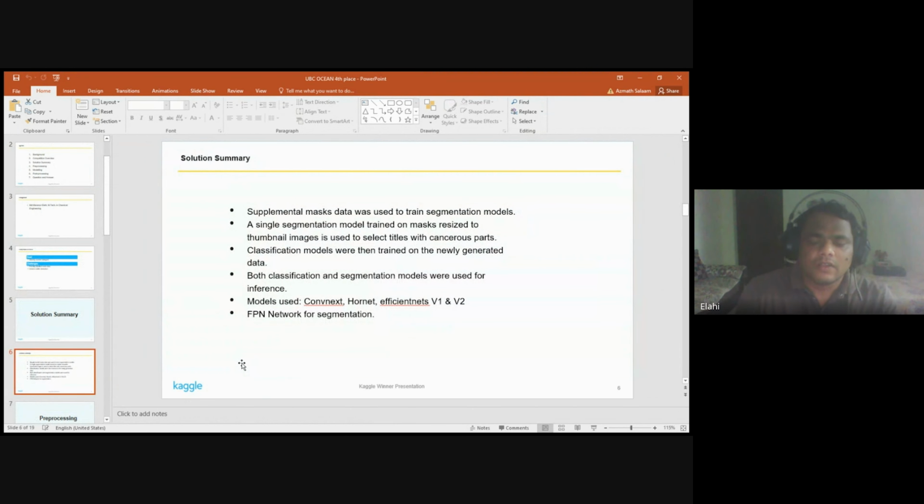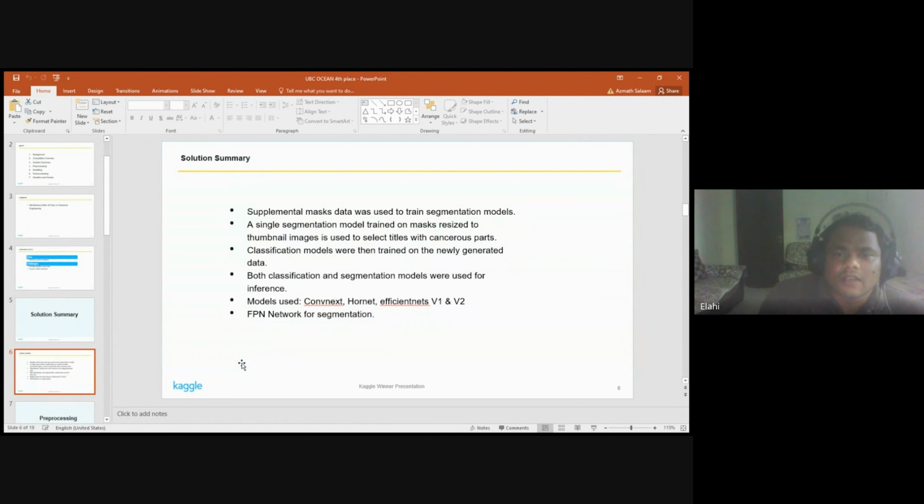What I did, in a nutshell, for detecting the region of interest in the whole slide image, is use a classification segmentation model to select the pixels likely having cancerous data.